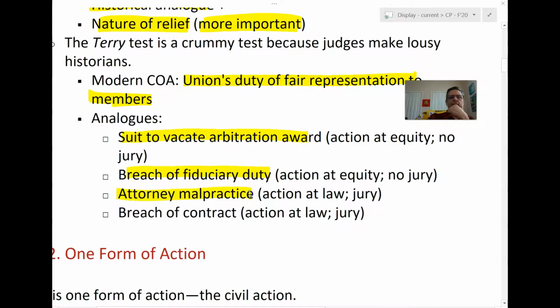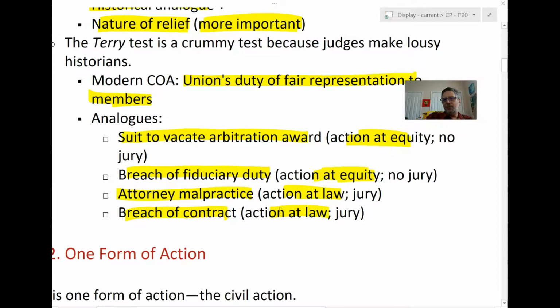Attorney malpractice existed in England. Breach of contract existed in England. And there were decent arguments that all four of these were an analog to a modern duty of fair representation to the members of a union. Well, two of these tilted towards equity, and two of these tilted towards law.